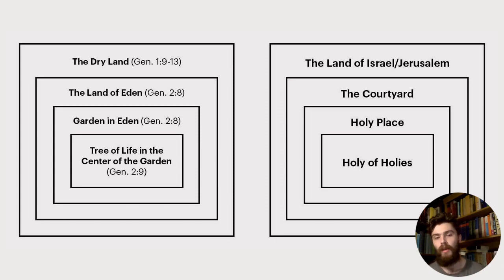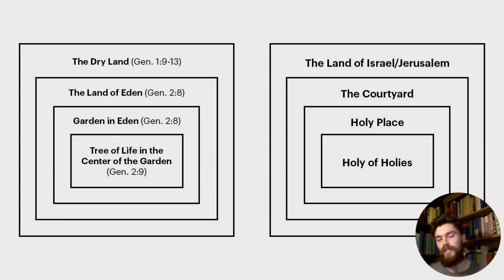First is this. This is the setup of the tabernacle compared to the regional understanding and description of Eden in Genesis 1 to 2. We read that there is the dry land, and then that is the world created by God. And then in Genesis 2, God, especially in a region of that land called Eden, plants a garden in that region, and then in that region there is a central understanding connected to the tree of life at the center of the garden.